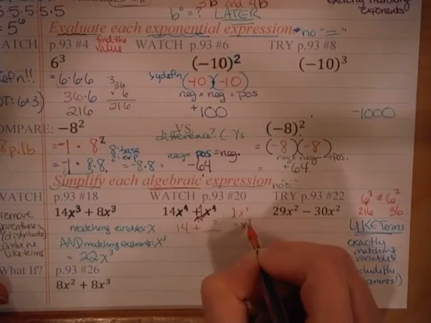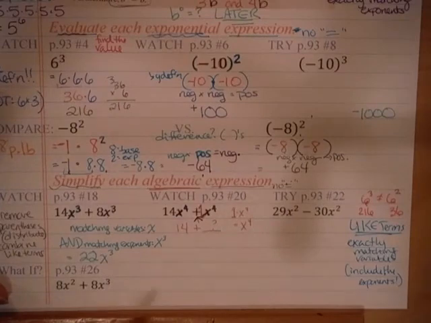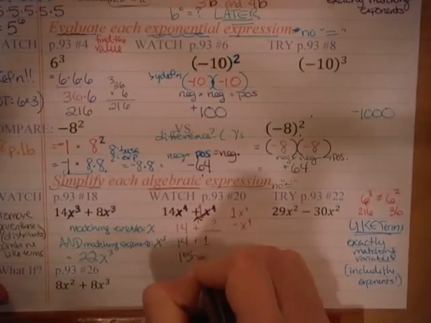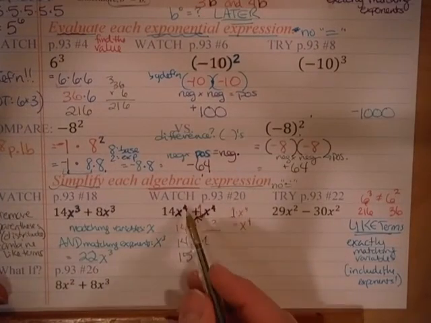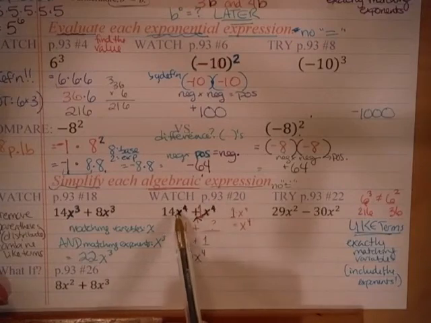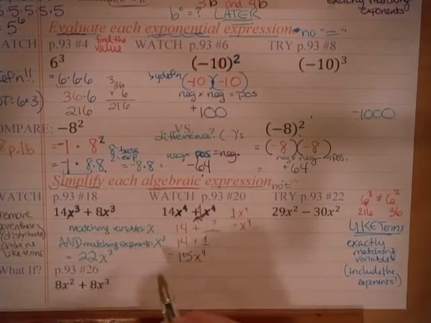So the coefficient in front, when we don't see it, is going to be 1. So it's 14 plus 1. So it's 15x to the 4th. Notice the x to the 4th remains throughout, because we're adding those together. We have 14 of them, we're adding one more, putting those in the grocery basket, we're out of here.